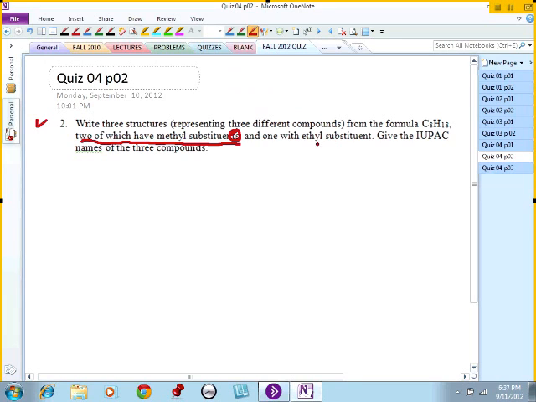Okay. And the third compound must have an ethyl branch or substituent. So we all agree on that, right? And we also know that the molecular formula is C8H18 for all of those 3 compounds. Okay, so let us start.